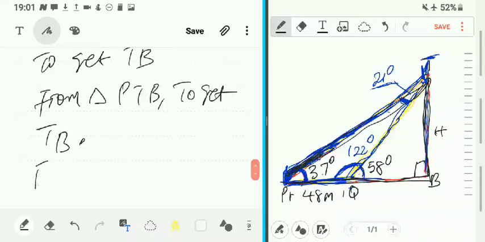I can decide to use the sine rule, and if I like, I can use SOHCAHTOA.